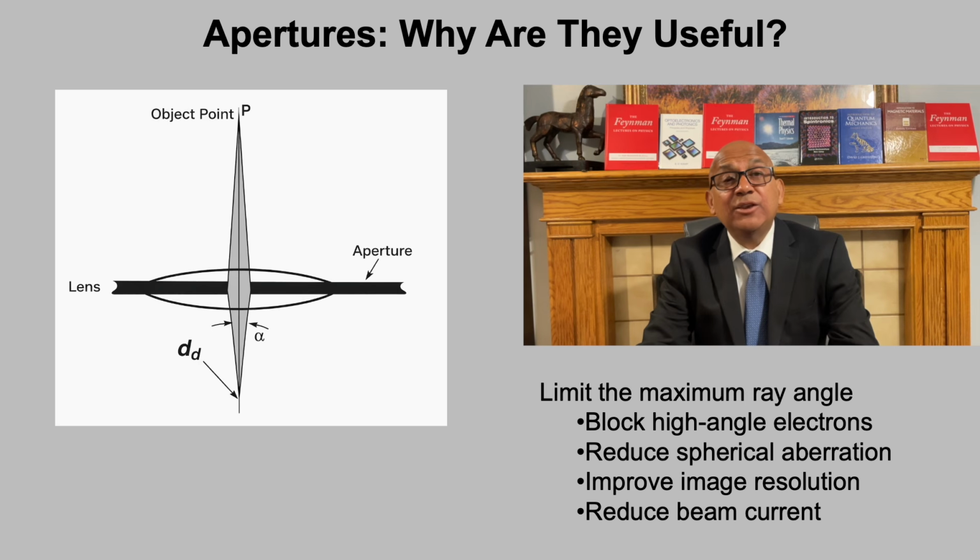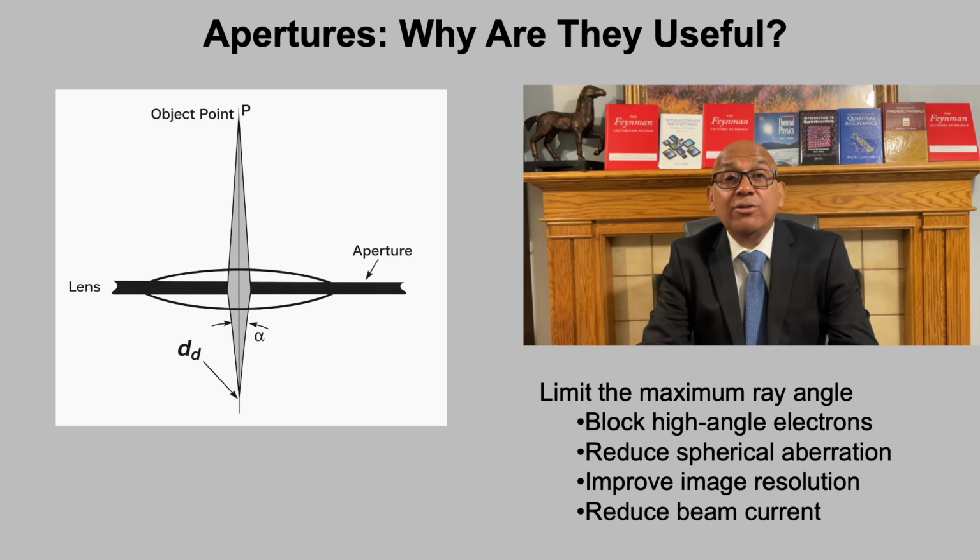After understanding spherical aberration, a natural question arises: how do we reduce its effect in practice? This is where aperture becomes important. An aperture is a physical opening placed in the electron optical column that limits the maximum angle at which electrons can reach the specimen.